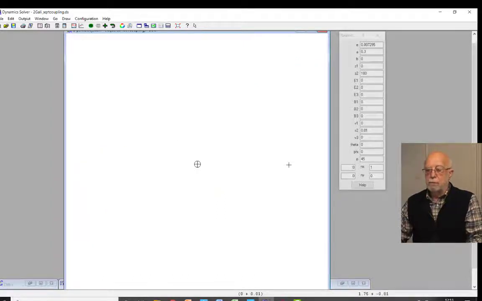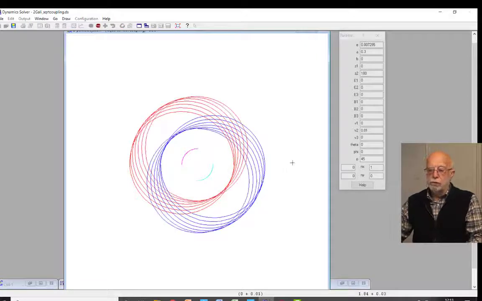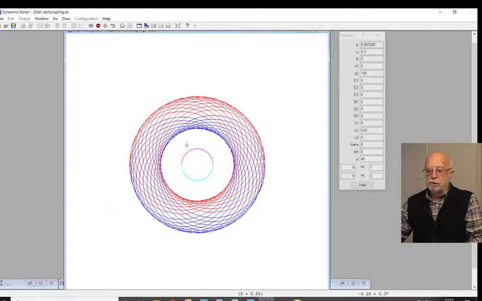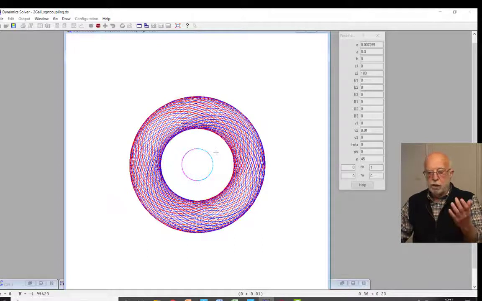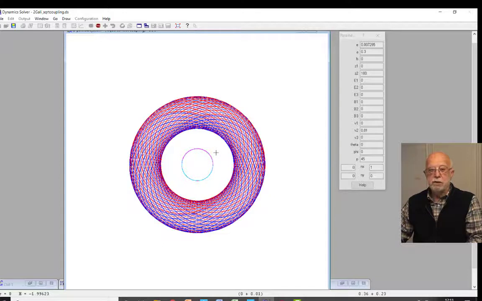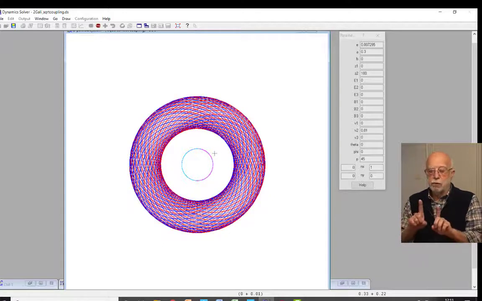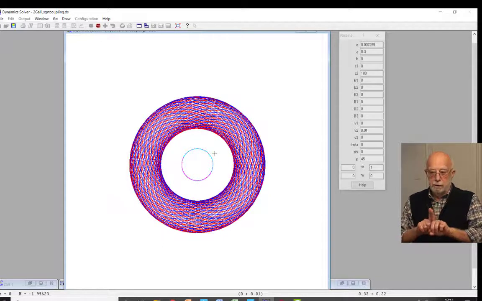Now let us see what happens in this case. You see, the two center of masses are moving around their common center of mass. We have a bound state of two spinning electrons with the spins parallel.